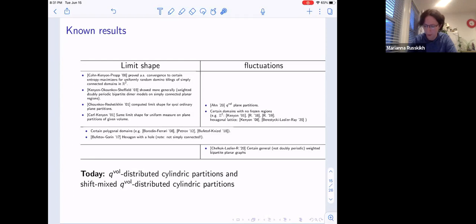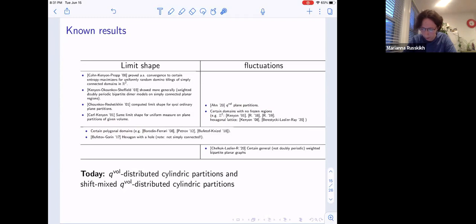And then also there are some results for the convergence of the fluctuations to the Gaussian free field for certain domains on the square lattice and hexagonal lattice, as well as some results for the dimer model on the hexagonal lattice.